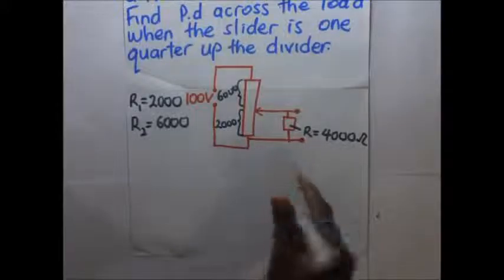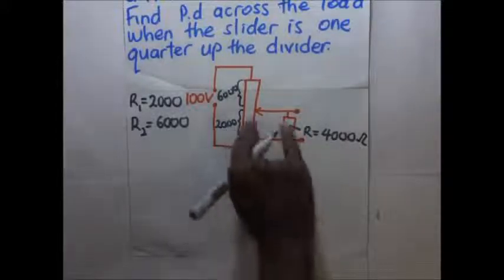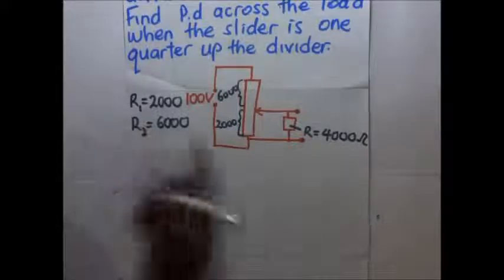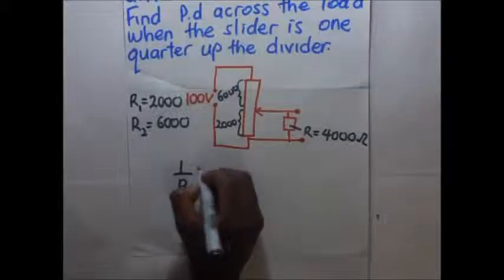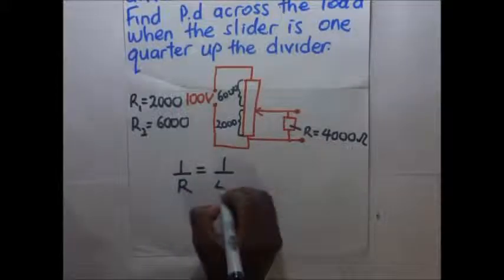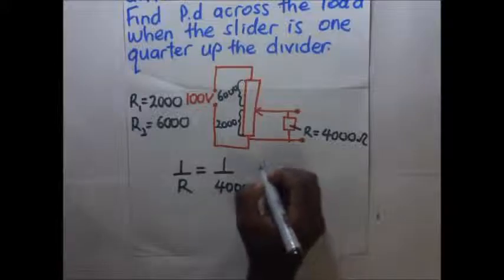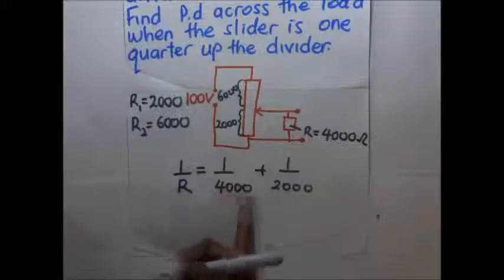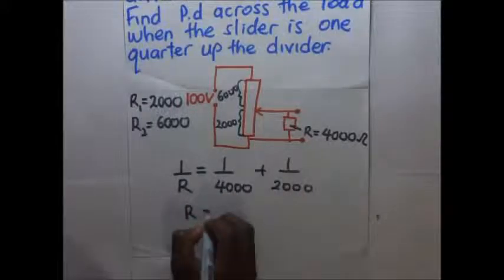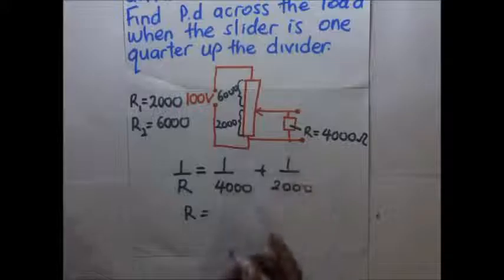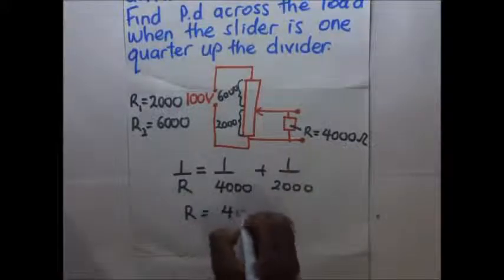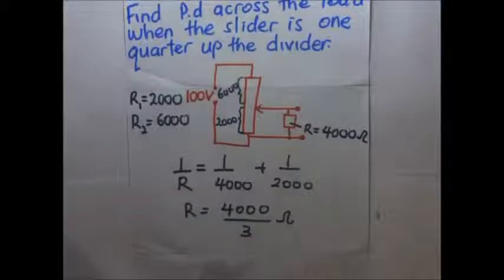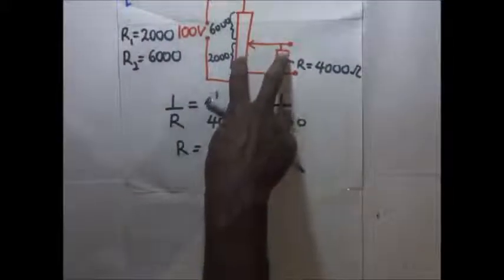So the effective resistance across the 4,000 and the 2,000 here, 1 over R is going to be equal to 1 over 4,000 plus 1 over 2,000. And when we add this up, our effective resistance across this combination is going to become 4,000 over 3 ohms. That is our effective resistance across the output terminal.